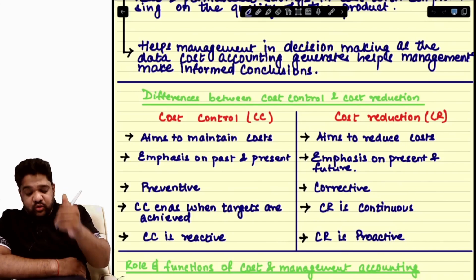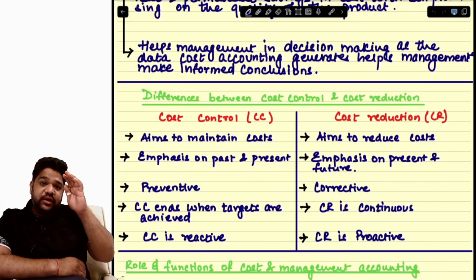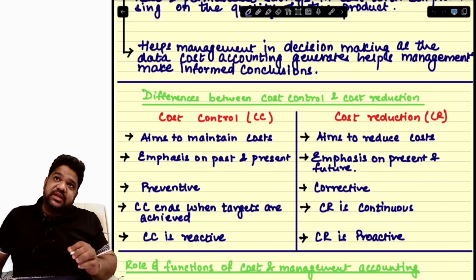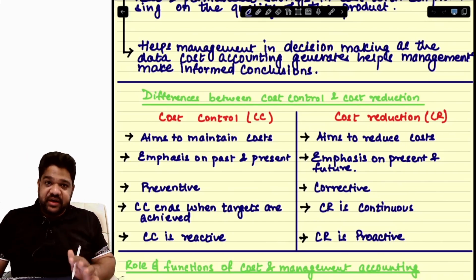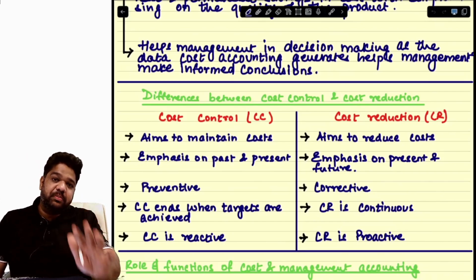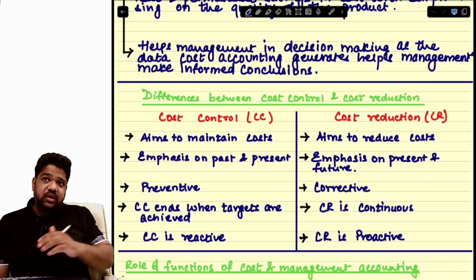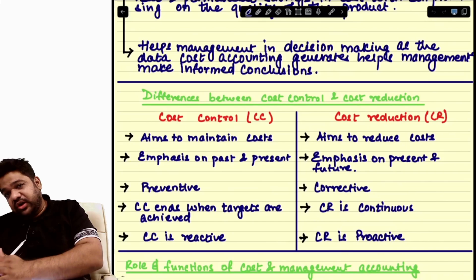You will do that by controlling the cost to a certain extent. You derive those numbers based on the past and the present data. It is not in any way corrective in nature. It is preventive in nature. It will make sure that you prevent the cost from overshooting, and the moment you reach your target, your job is done. Whereas you have something called cost reduction.